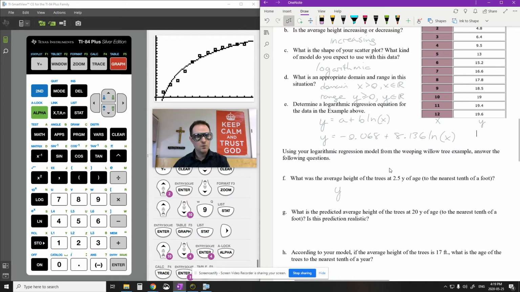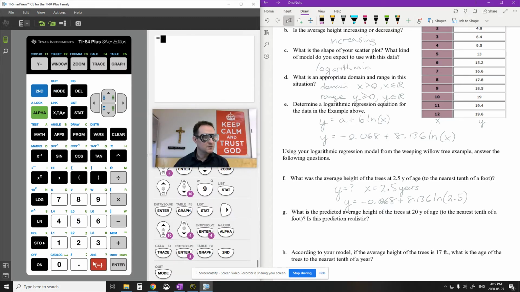So we're looking for the y when my x is equal to 2.5 years of age. So I can put that in the equation and go y is equal to negative 0.068 plus 8.316 natural log of 2.5. Okay, so let's try that out.